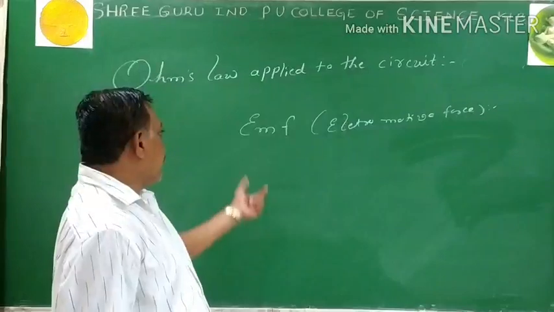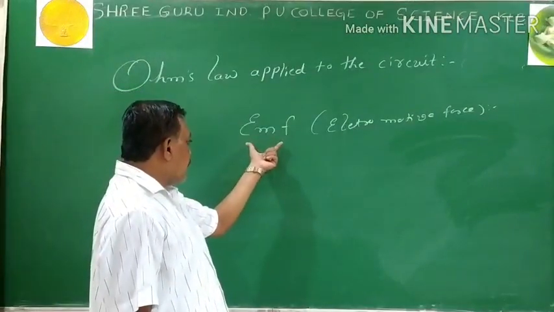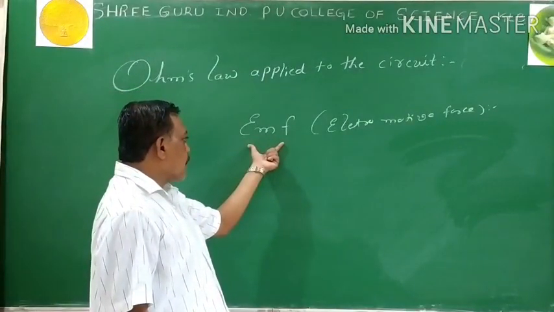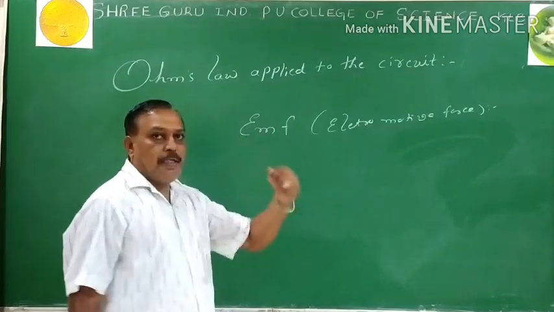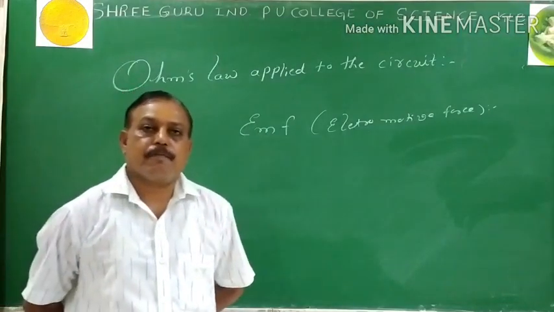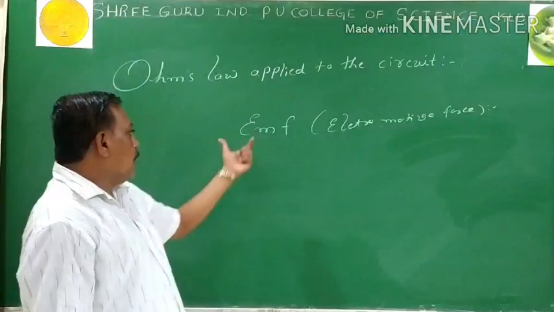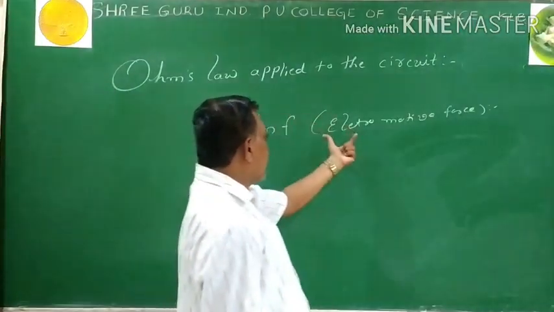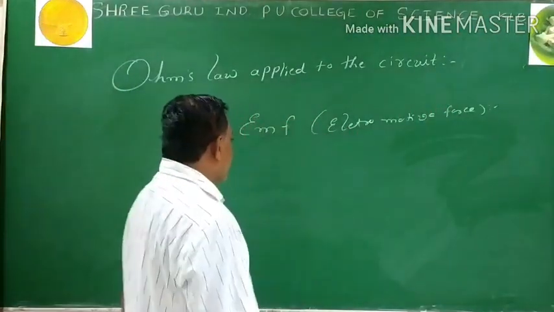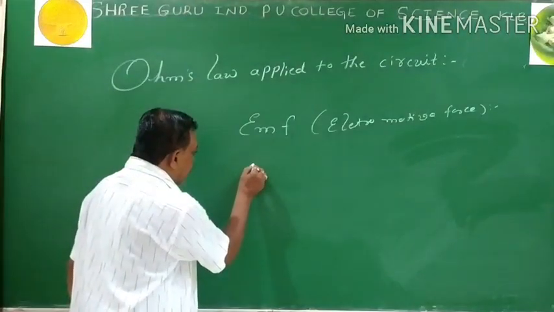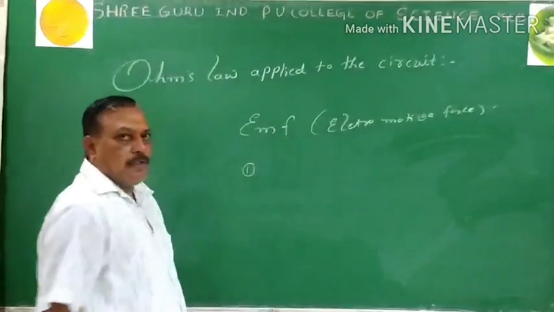EMF is a device which provides the continuous flow of charges in the circuit and maintains the potential difference. The name itself indicates electromotive force. There are two definitions for the electromotive force: one is a quantitative definition, another is a qualitative definition.